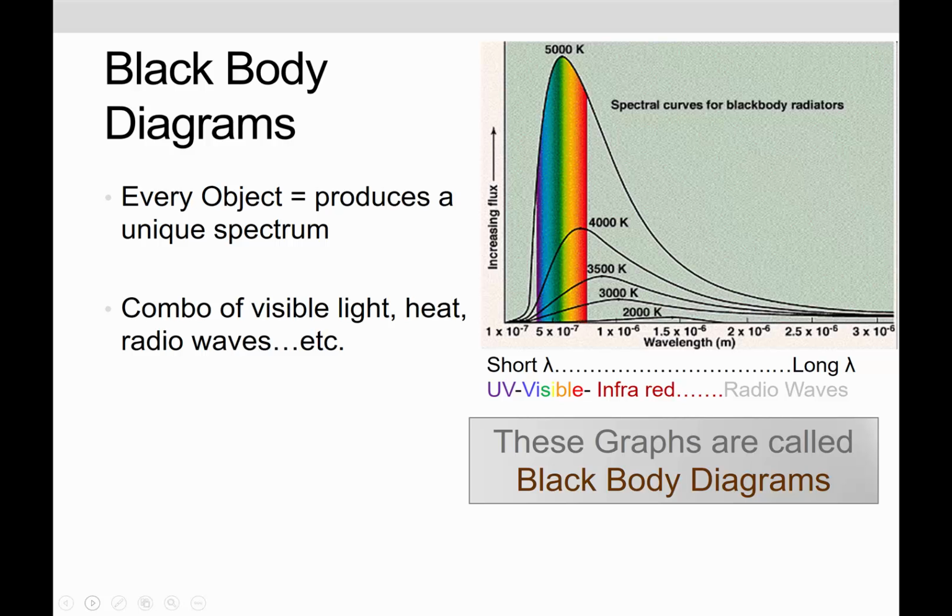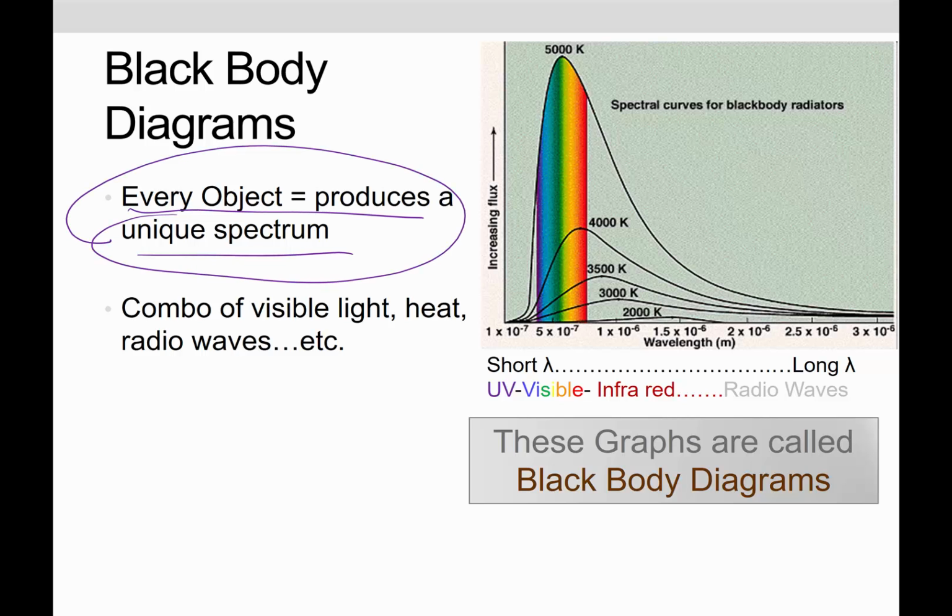Well, it relates to the fact that every object does not produce just light in the visible spectrum. It produces light all across the spectrum. It's going to produce some visible, it's going to produce some ultraviolet, some infrared, some radio waves. Every object that is warm or oscillates at all is going to produce a whole collection of different wavelengths.